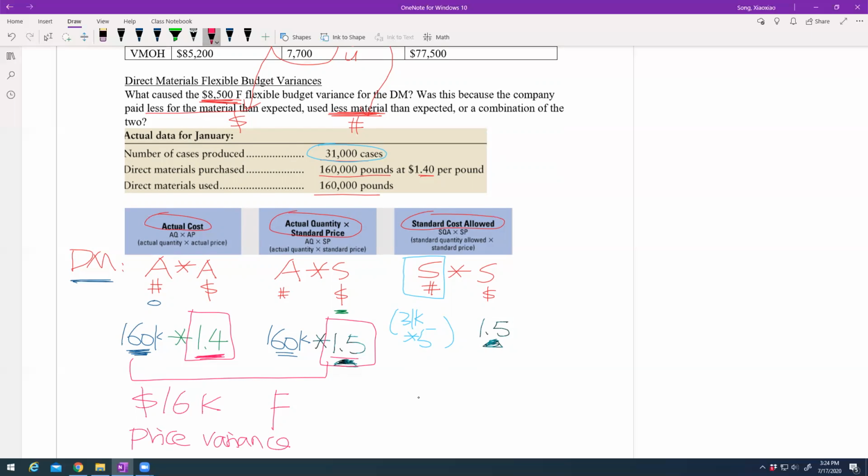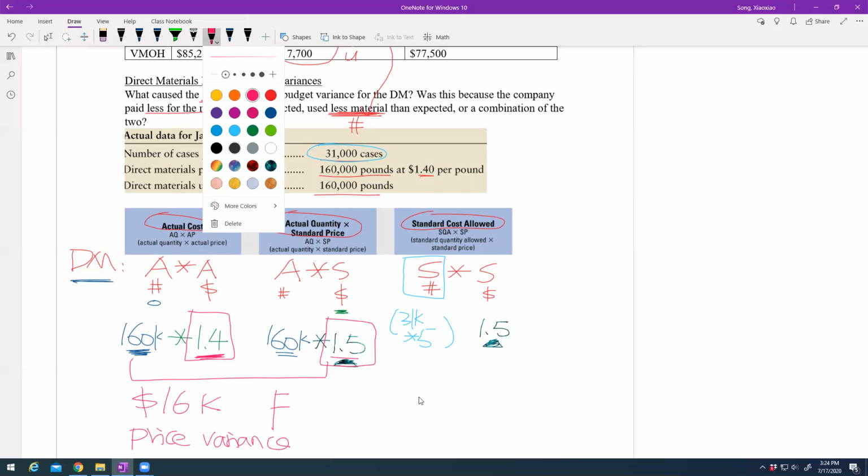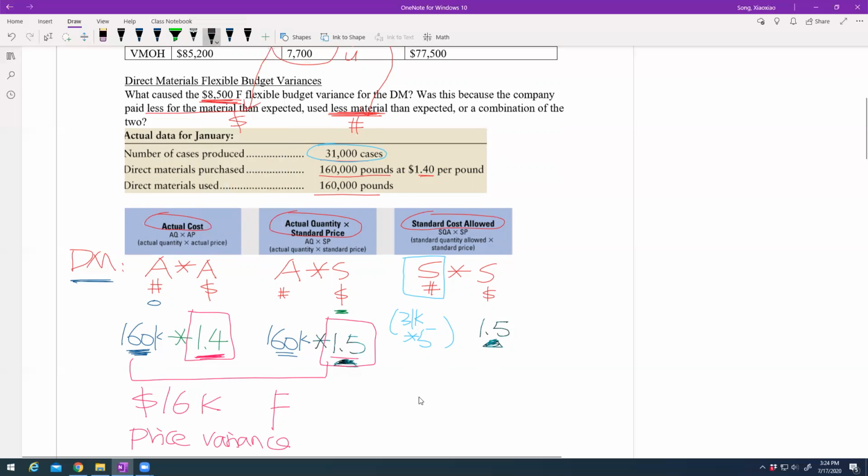Now we do the second part. Look at this difference. They both use the same price, $1.5 based on the standard. But they have a different quantity.